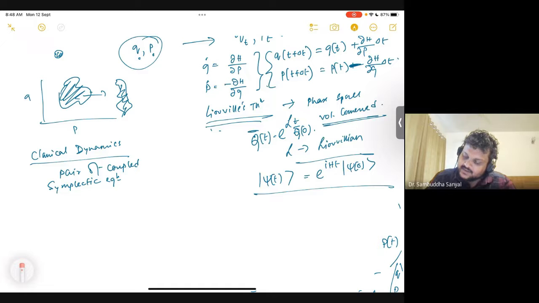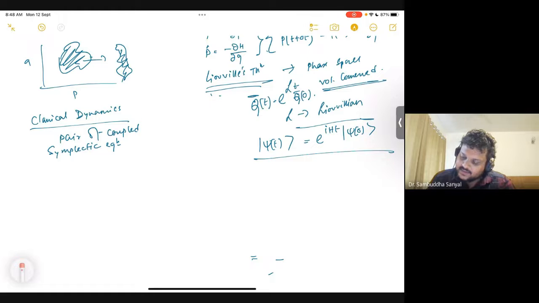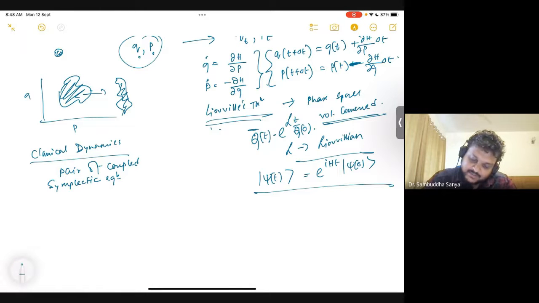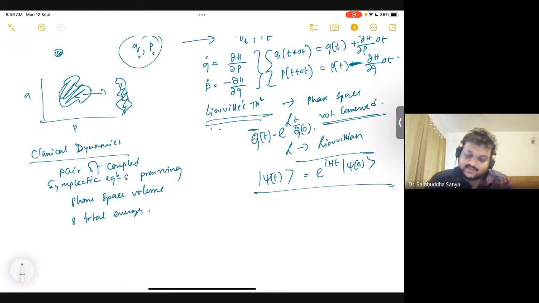But just know that this has a particular matrix form, something called a symplectic structure. Let me just write down the statement; I'll prove it to you later. So classical dynamics is a pair of coupled symplectic equations preserving phase space volume and total energy. That is the essence of classical dynamics.